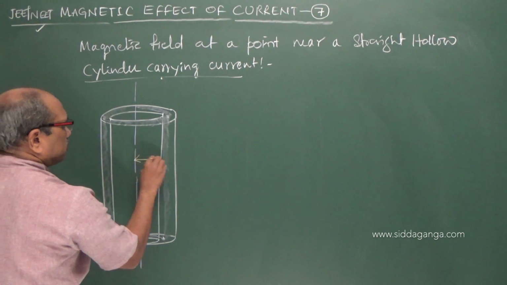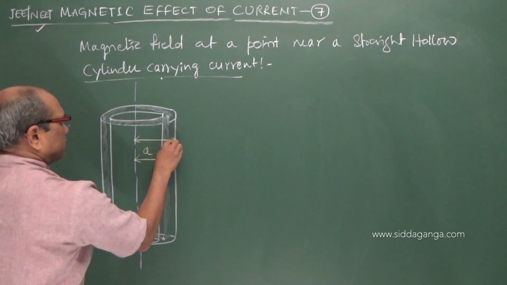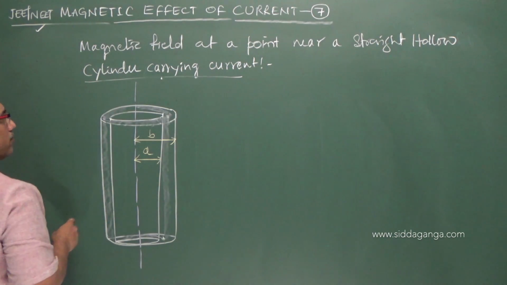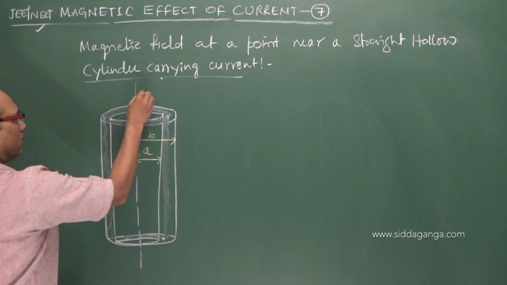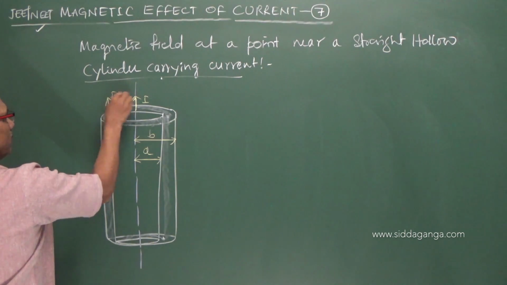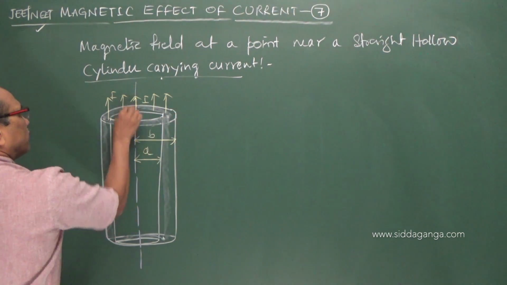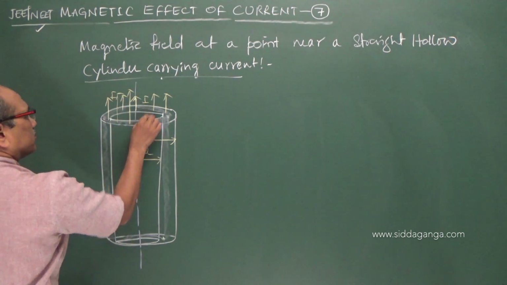So this distance is a and this distance is b. Now the current I passes through these points.